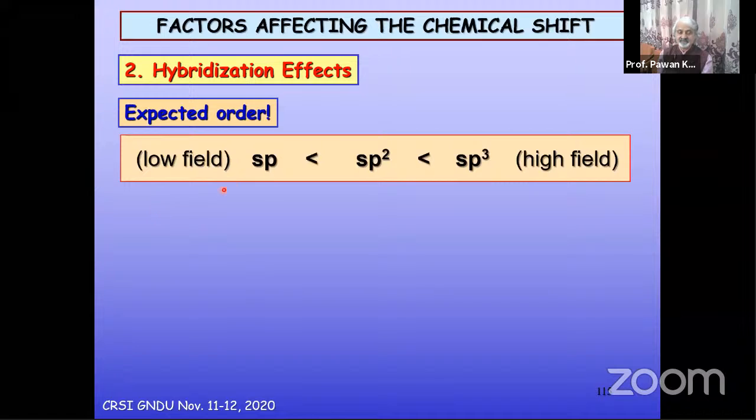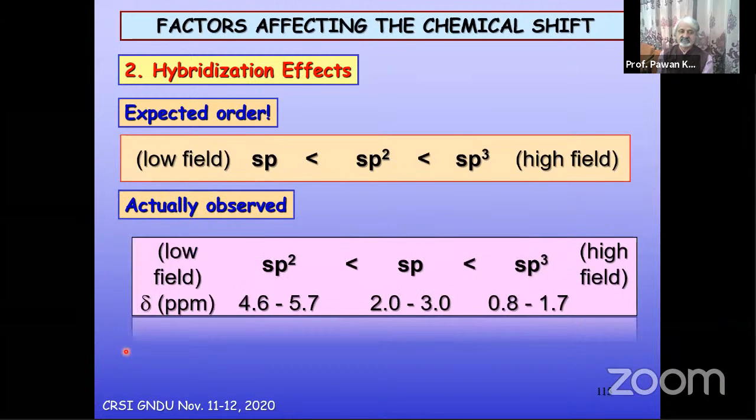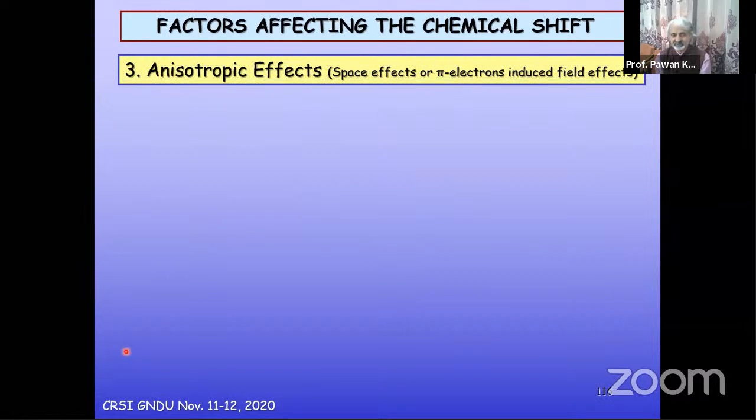So the expected order would be that sp would be less than sp2, and that would be less than sp3. But the actually observed order is sp2 less than sp3, and sp is not coming at its normal position. So it is shifting. And why it is shifting, we'll get its answer in the third factor, and that third factor is the anisotropic effect.